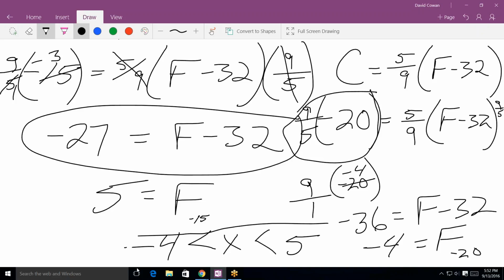So in Fahrenheit, that's the range. In other words, this temperature has to be between minus 4 degrees Fahrenheit and 5 degrees Fahrenheit. That's the same as being between minus 20 Celsius and minus 15 Celsius.